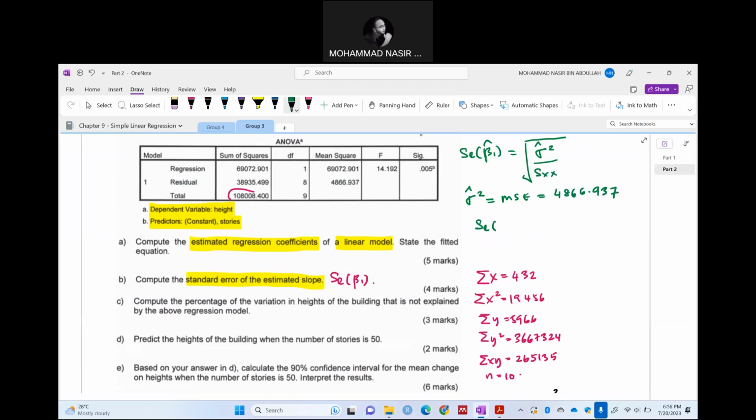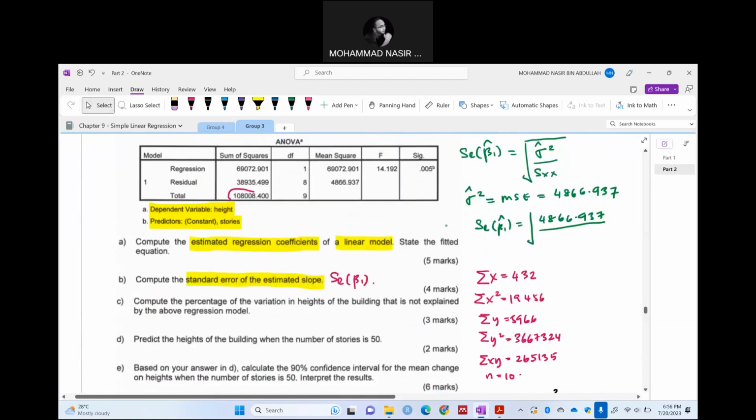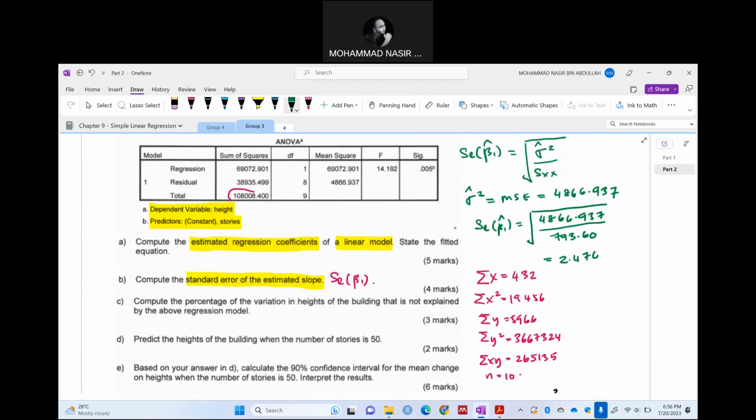So standard error of beta 1 should be square root of 4866.937 divided by Sxx, which is equal to 793.60. So this one should be 2.4764. Okay.